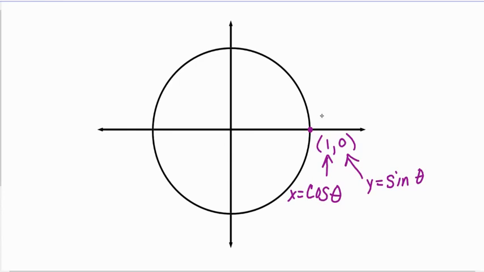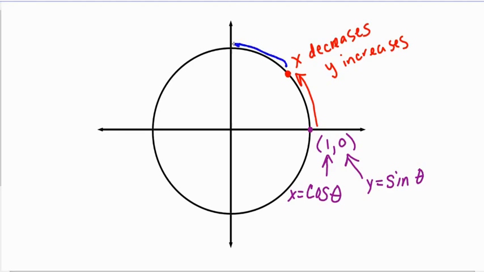And as we move our angle around our unit circle, this x value decreases, right? And the y value increases. Okay, if we move it even more around to here, we now have the point (0, 1).